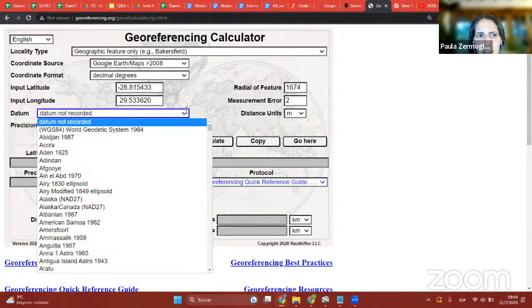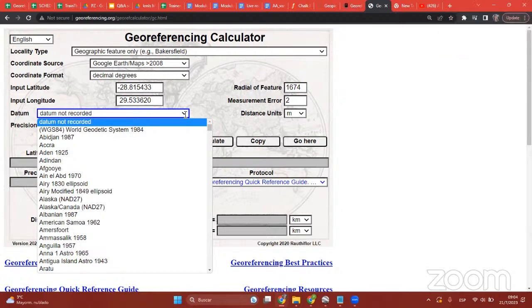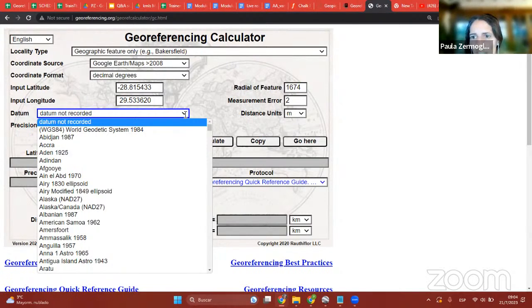And what is the datum now? Still not recorded. Any others? Giles says WGS84.